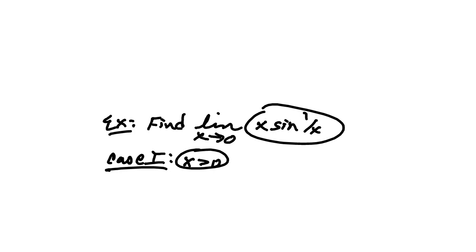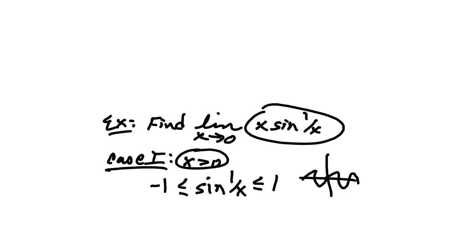I know that sine of anything is less than or equal to 1 and greater than or equal to minus 1, right? Because sine of anything goes like this in both directions, but the max height is 1 and the min height is minus 1, so we know that this is bounded.